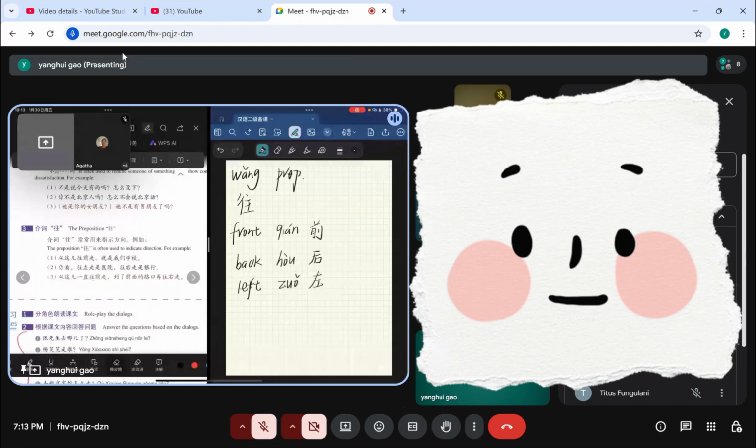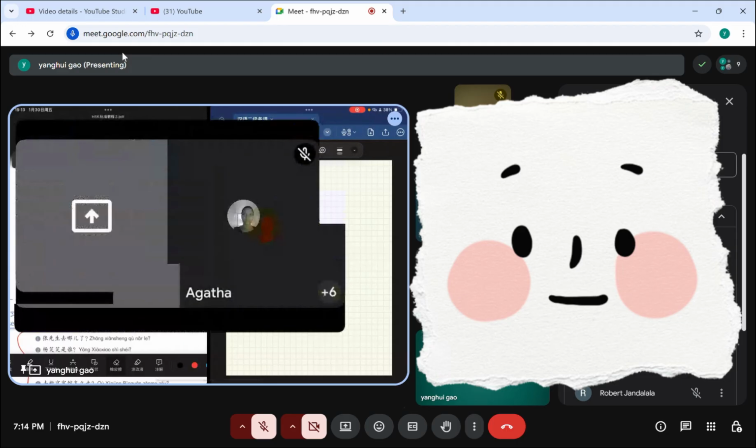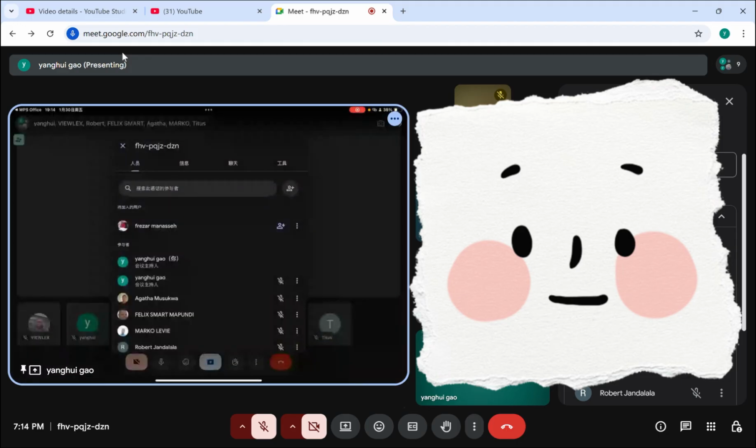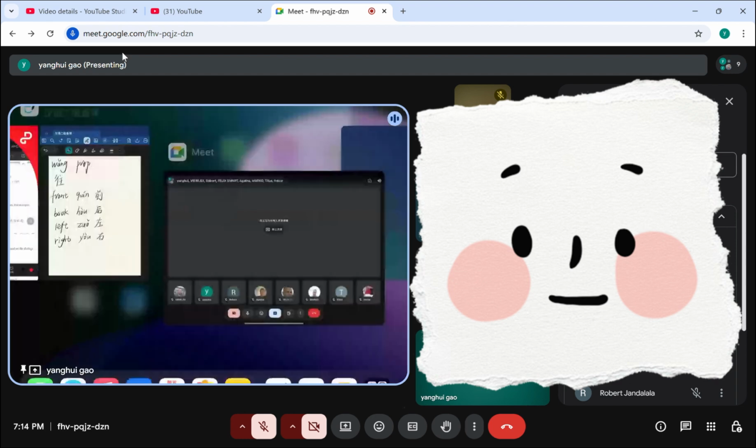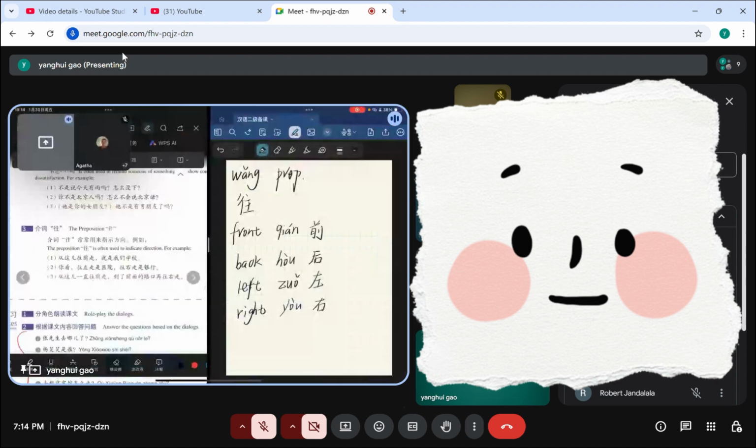Left 左. And right 右. Okay, so now there are four words to indicate the direction: 前, 后, 左 and 右.